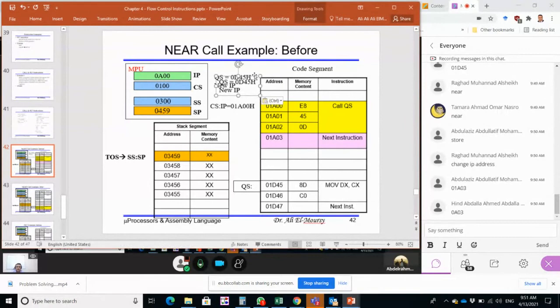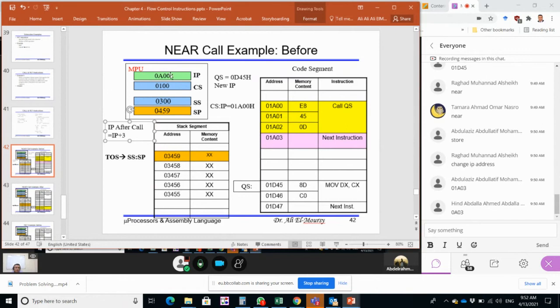The IP after call equals the IP of the call plus 3. Are you convinced? Why plus 3? Because the call itself is 3 bytes.